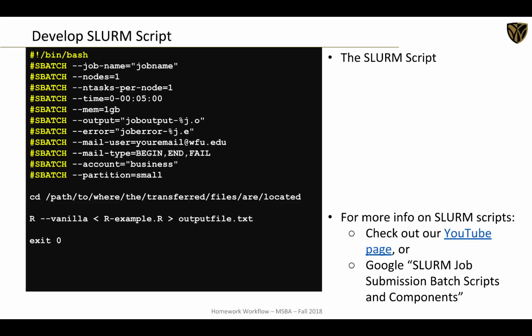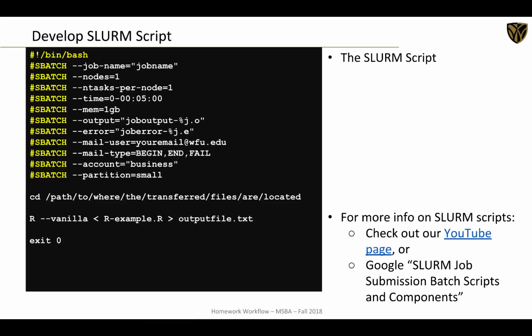Replace the directory path to the path where your files are being transferred. You may have received a copy of this script from your professor, but if you did not, you may want to pause the video to either copy this down or update it if need be.